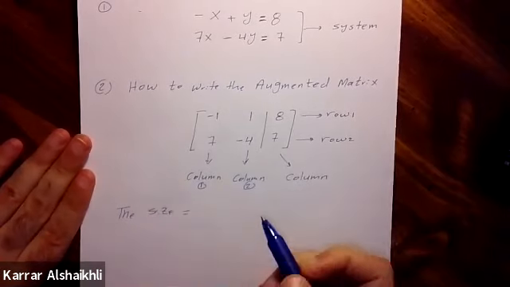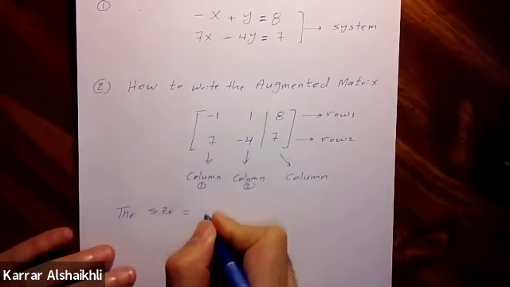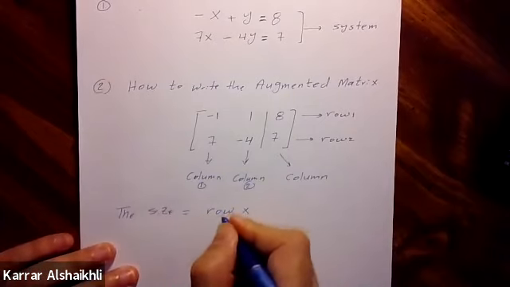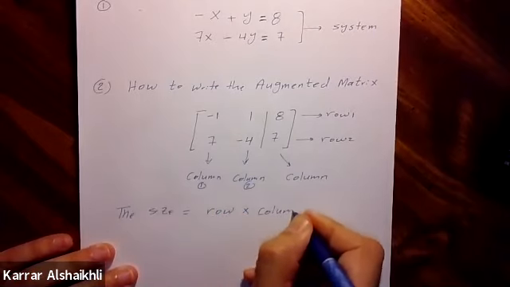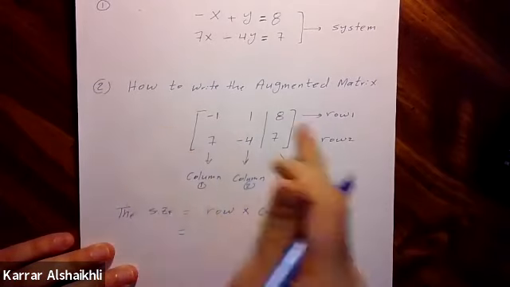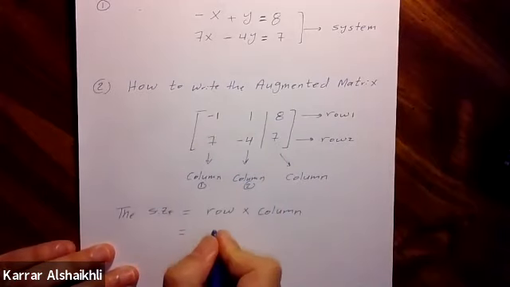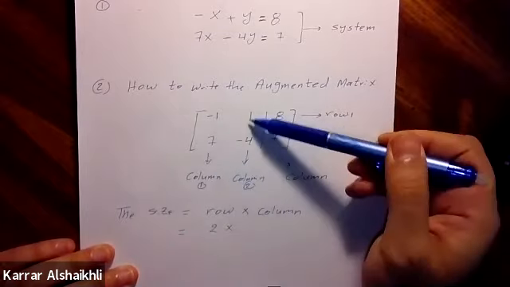So for the size, you always write down the rows first, the number of rows times the number of columns, and you're not going to multiply it. For example, for this one, I have 2 rows. So I'm going to write down 2 times how many columns? 1, 2, 3.